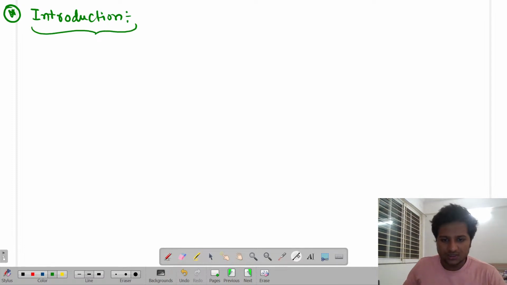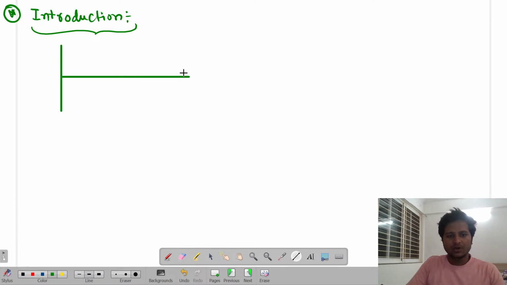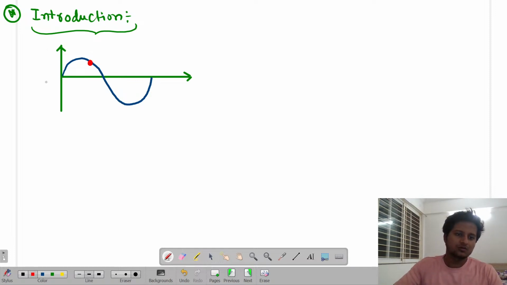In the introduction we have seen that whenever a particle is present, let's suppose a wave is traveling this way, then any particle present somewhere on this vertical line also shows us the vibration of the source.